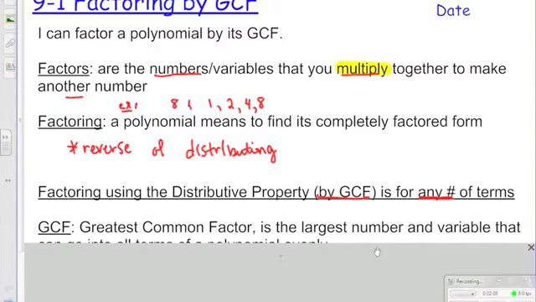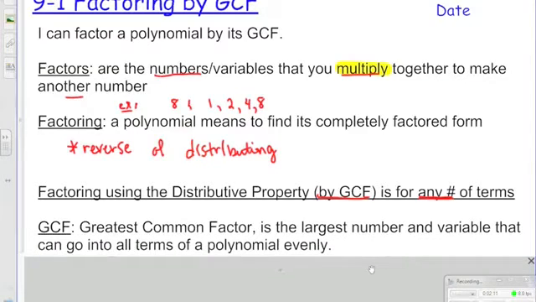And just a reminder, I know we've heard the letters GCF before, but GCF is the greatest common factor. It's the largest number and variable, or variables, there could be more than one, that can go into all terms of a polynomial evenly.